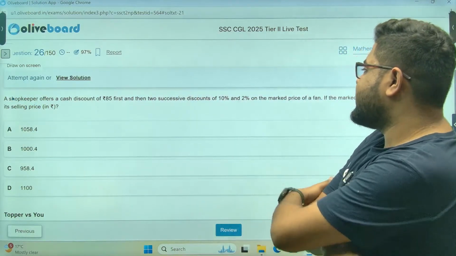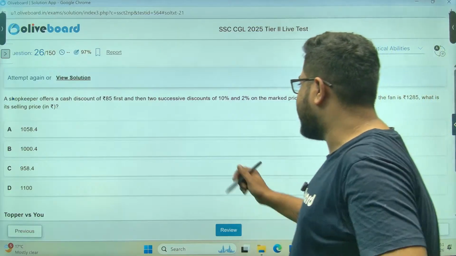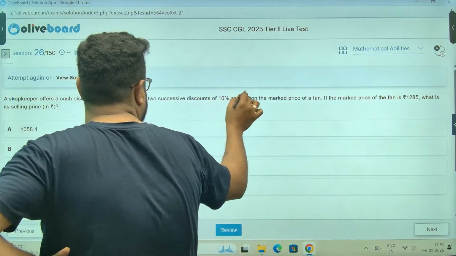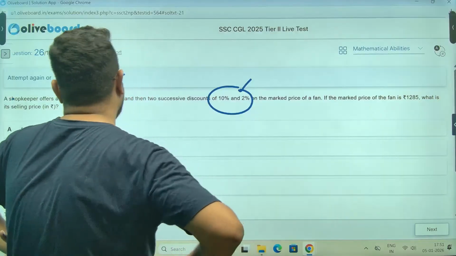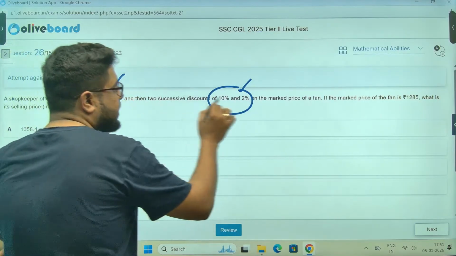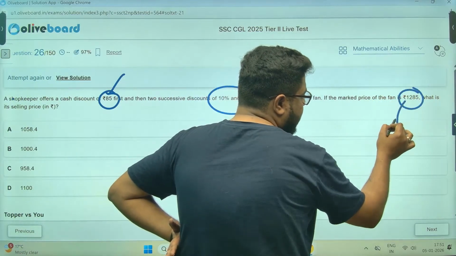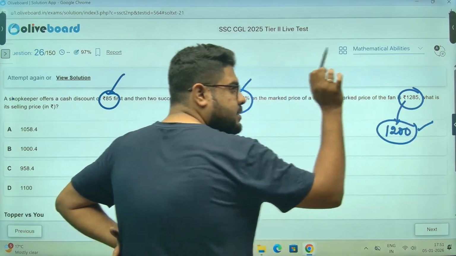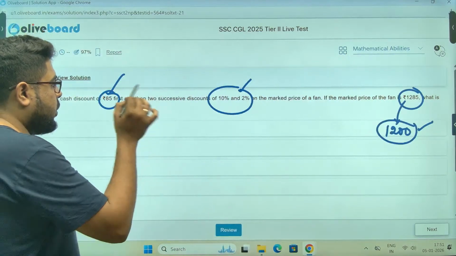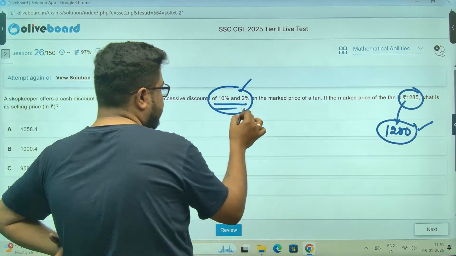Shopkeeper offers a cash discount of 85 and 2 successive discounts of this. Marked price is this. Cash discount meaning, sir, over and above, you just first subtract. So on 1200, I'll get 2 discounts of this.